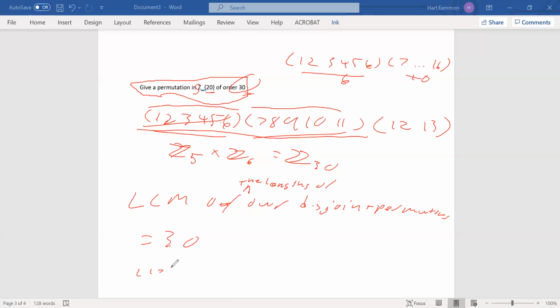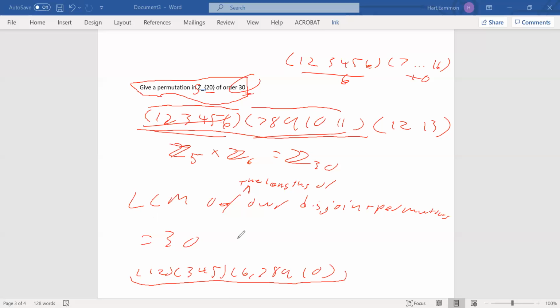So here it would be 1, 2, 3, 4, 5, 6, 7, 8, 9, 10. So this guy right here would, in the end, be the order 30. It would be the simplest case, the case that uses up the fewest numbers, like the shortest thing that solves this.